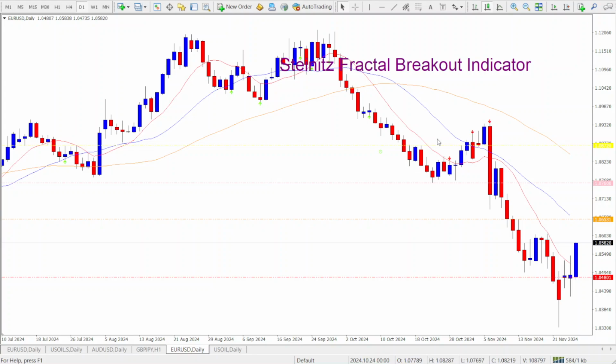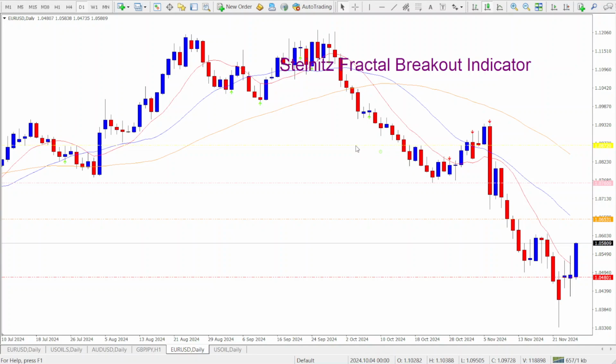So as we can see clearly, the Steinitz Fractal Breakout Indicator not only shows us the direction of the trend with the aid of these three lines, it also shows us important price points on the chart.